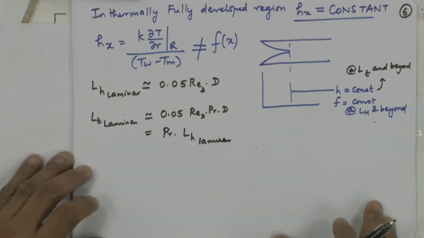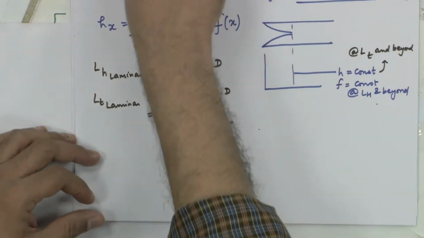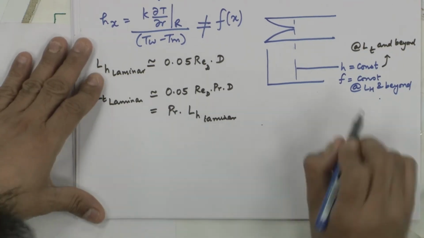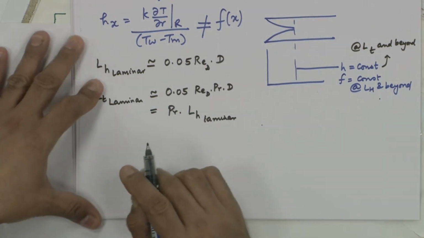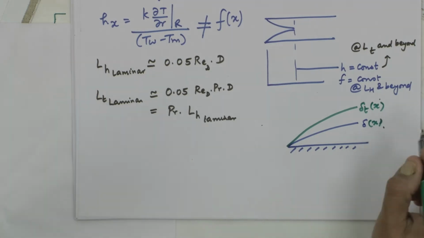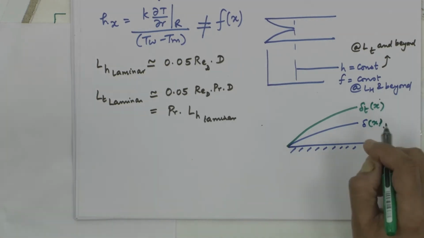Okay. Now, how are these two related? Again, I will keep going back to external flow because that is something which we have already seen. External flow, flat plate, delta T. Please remember, this is highly exaggerated. We would have seen what are the typical dimensions of the boundary layer thicknesses.